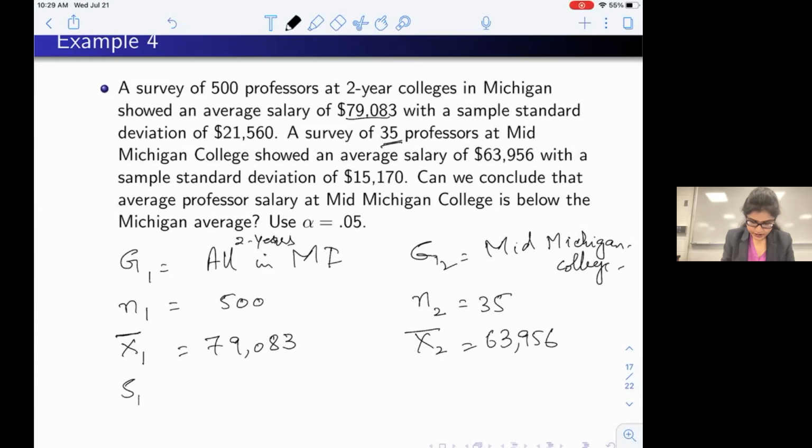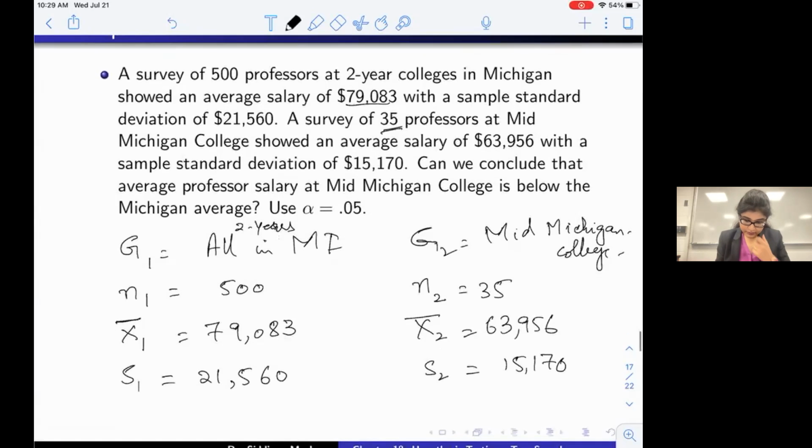Sample standard deviation is now given for both, which is different. So s1 is for all colleges, which is 21,560. s2 is the sample standard deviation for Mid-Michigan College, which is 15,170.